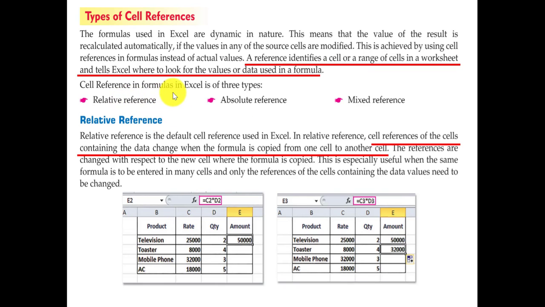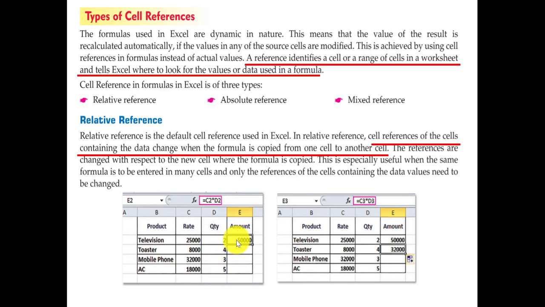Cell references in formulas in Excel are of three types: relative reference, absolute reference, and mixed reference. What is relative reference? Relative reference is the default cell reference used in Excel. First see this example. In this sheet, some products are given, and the rate and quantity are also given.